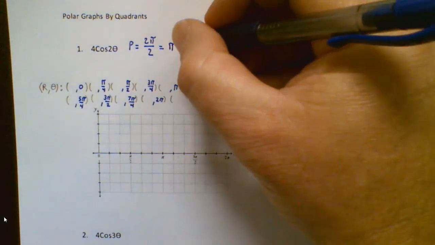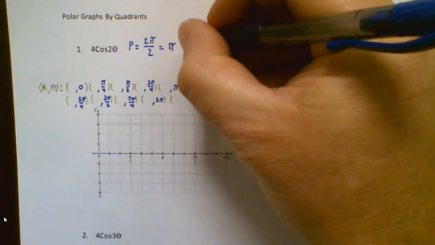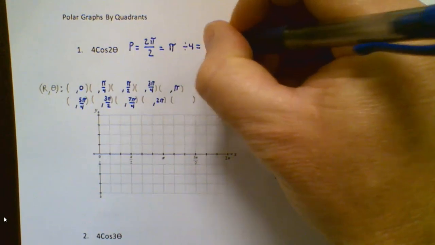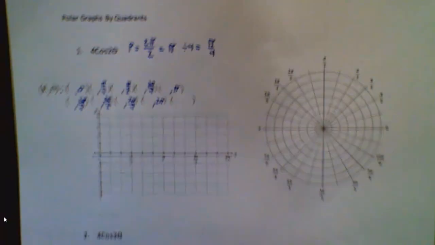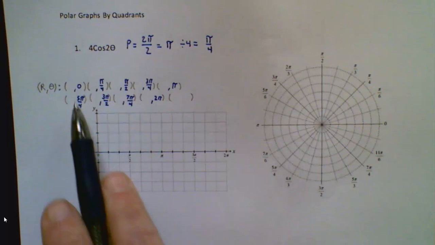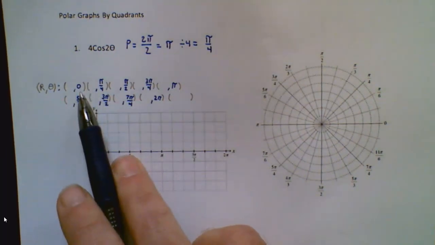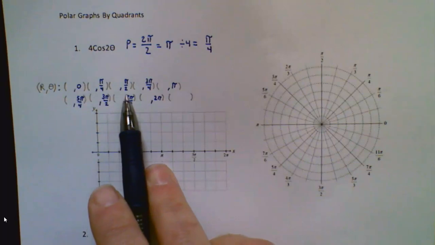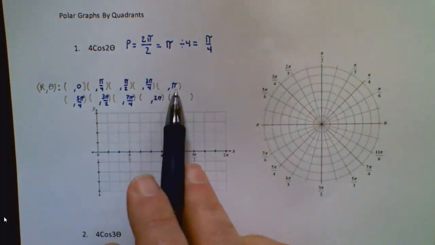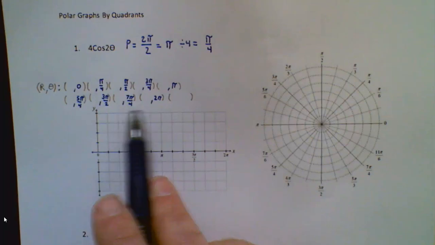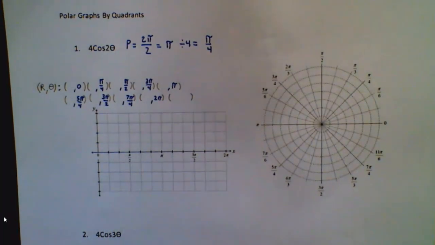And so from there we said let's always divide that by 4, just so that we can see what we're going to be counting by. What are the intervals that we would use? So if I'm counting by fourths, that's why these are the angles that we would be using. Of course, we're going to start at 0, but then it's 1/4, 2/4, 3/4, 4/4, 5/4, 6/4, 7/4, 8/4. So that's why we're counting by that.